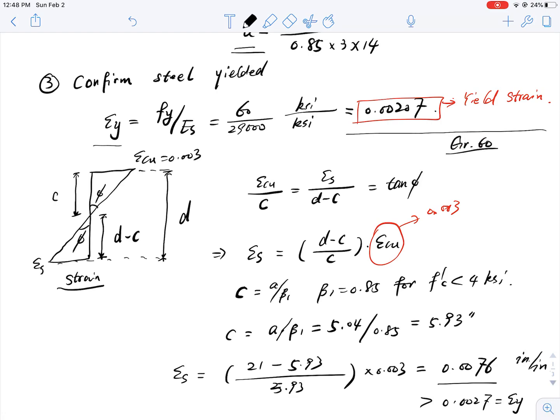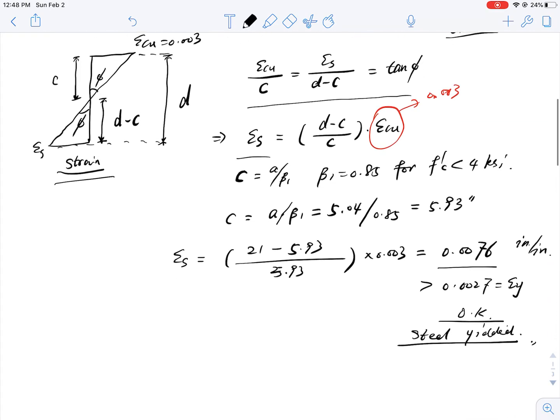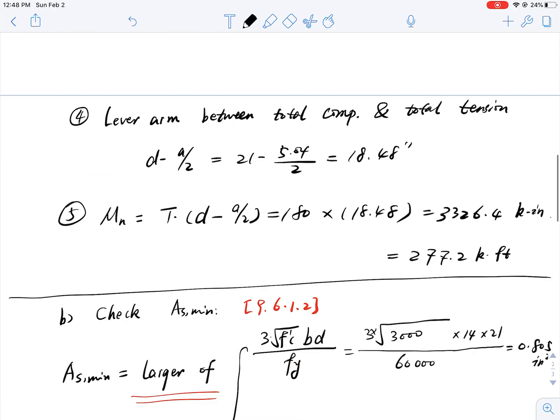I want you to remember this number because we use it again. Afterwards, I use my strain diagram to compute my strain in the steel and make sure that the strain in the steel is larger than the yield strain, which confirms our assumption to begin with that the steel yielded at failure.